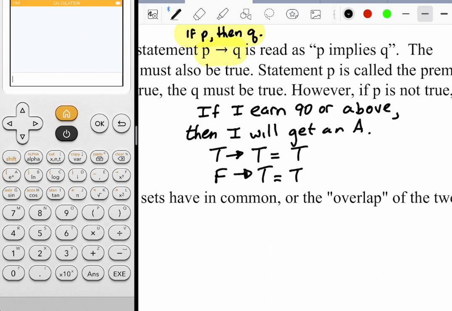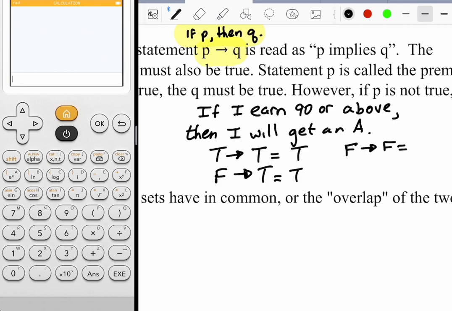Same thing, false then false. If you get an 85 and I don't give you an A, I didn't break the rules. I only told you what would happen if you got a 90 or above. If you get an 85 and I give you a C, that's not very nice of me, but I still didn't break this contract.